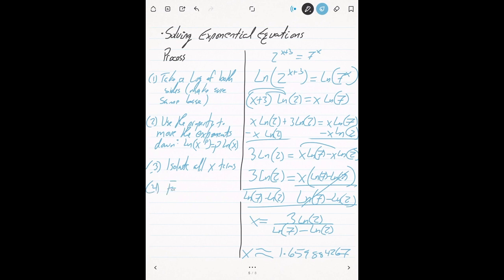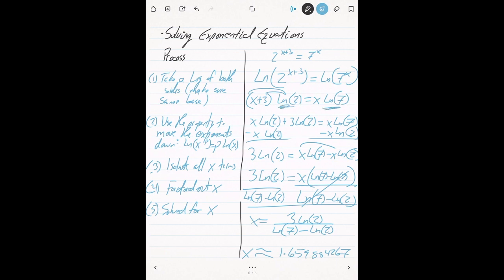We then factored out the x, almost like a GCF here. And once that was factored out, we solved for x. We just divided both sides by that quantity. So this is a way we can go ahead and solve an exponential equation. You'll notice that I did this without actually figuring out what the natural log numbers were.